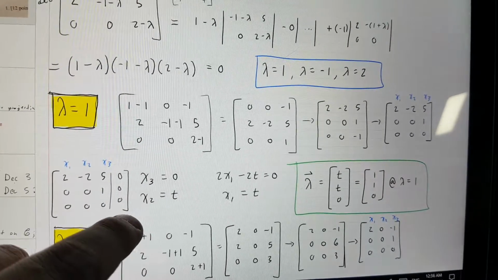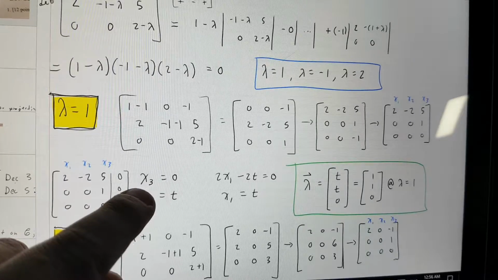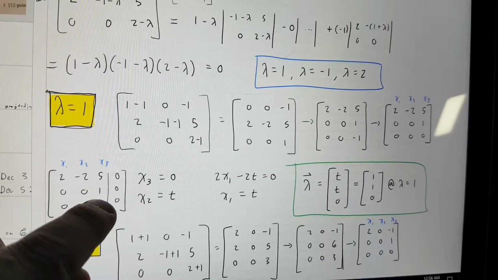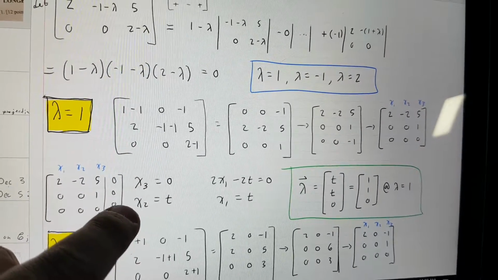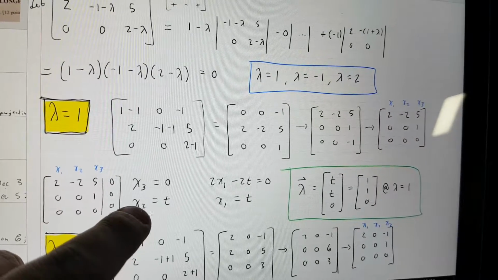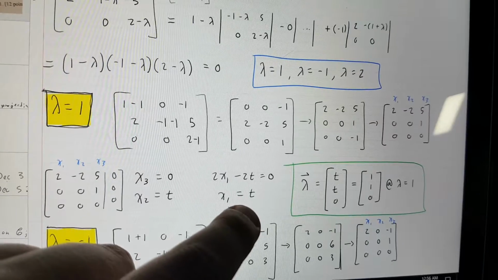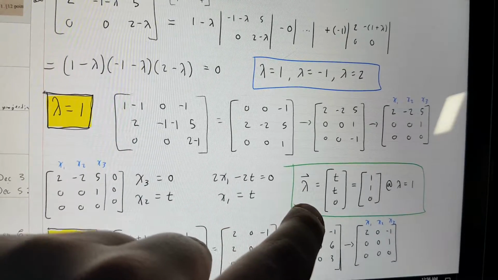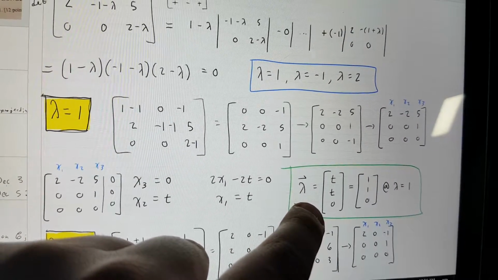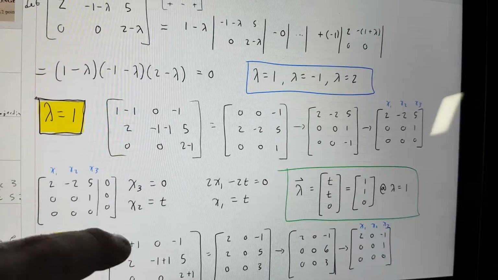So we've got x1, x2, x3. x3 we see is 0. x2 is a free variable, so we'll use t. 2x1 minus 2t. We solve for x1 in terms of t. It's in this form when lambda equals 1.